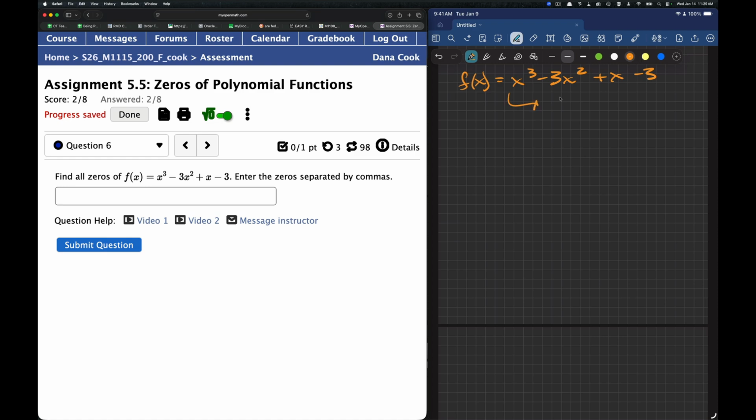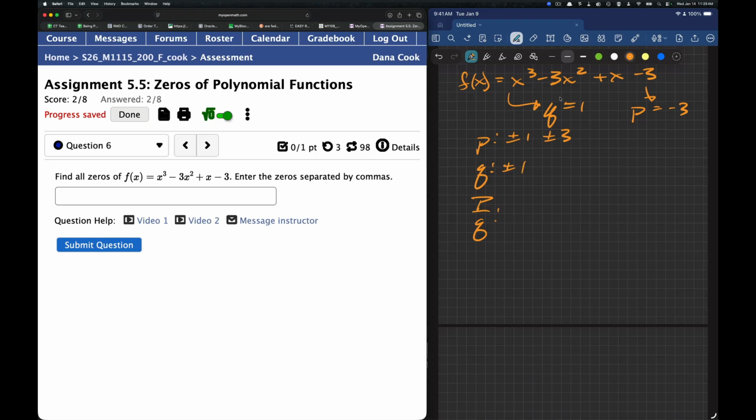That would require me to take this constant and find its factors, plus or minus 1, plus or minus 3, and take this lead coefficient and find its factors, which is plus or minus 1, and then find all the possible combinations of those factors as a ratio of the p's over the q's.